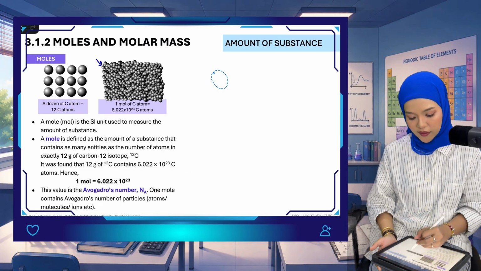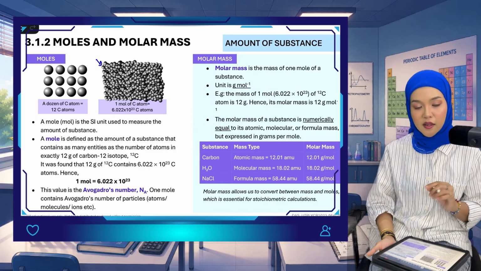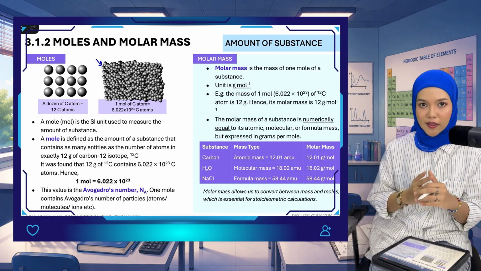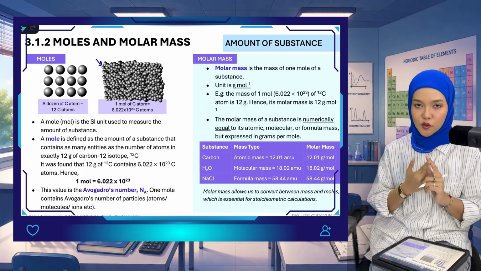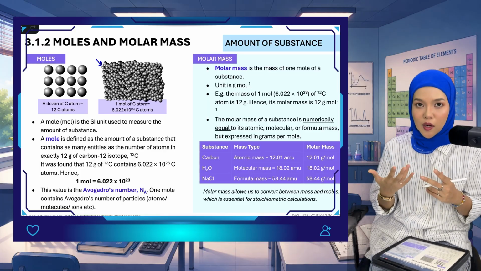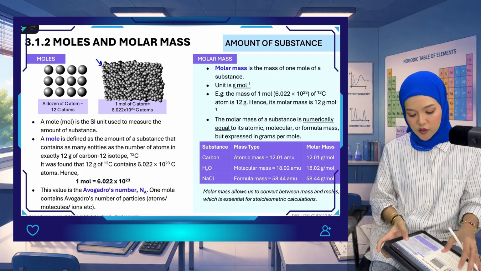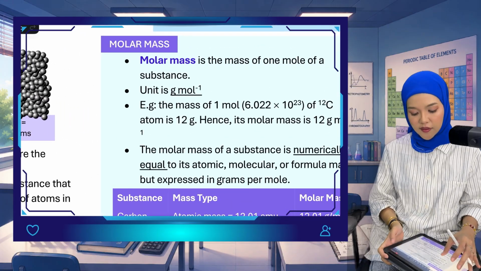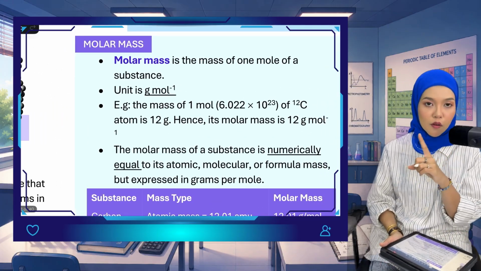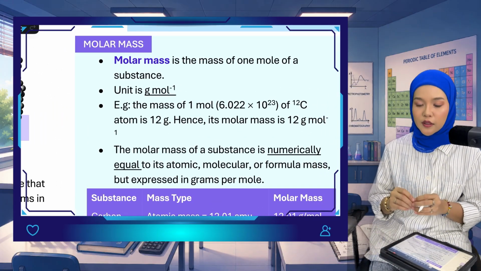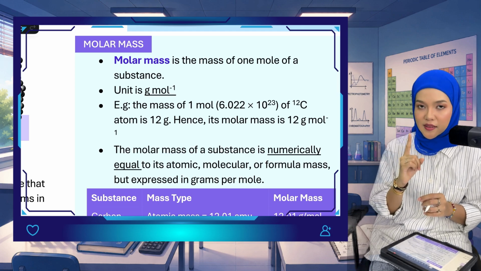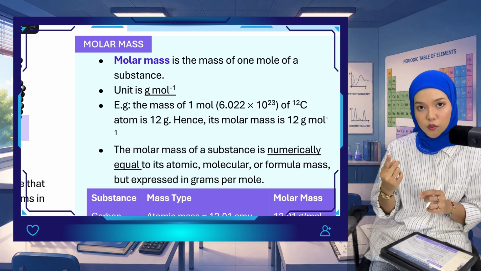And then what is molar mass? We have looked into atomic mass, we looked into moles, and now what is molar mass? Molar mass is the mass of 1 mole of a substance. For example, if I have 1 carbon atom, the mass is 12 AMU.